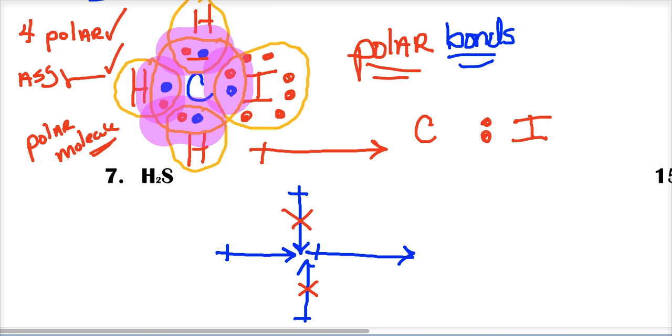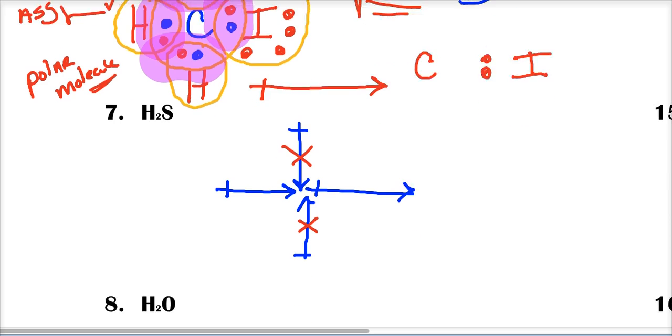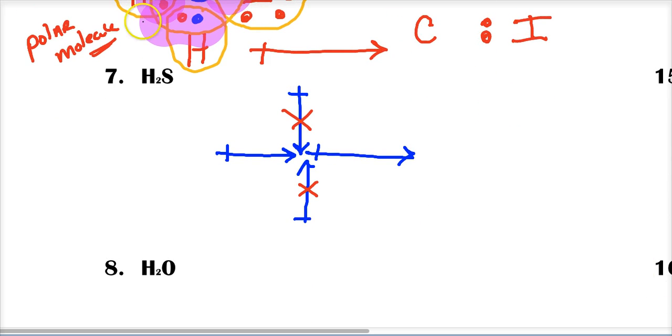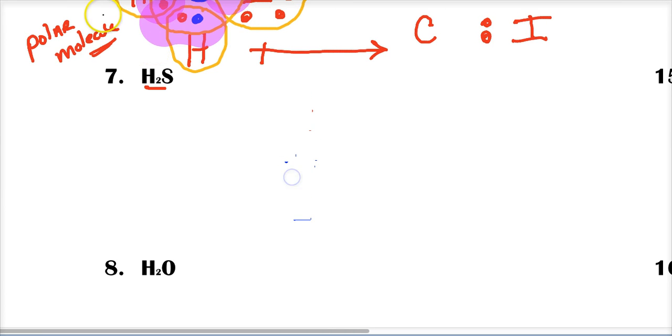Okay, let's try one more together, and I want you to look at these, and I want you to evaluate the molecule after you do your Lewis dot diagrams. So H2S, let's do it. S goes in the middle. It has more valence electrons. So 1, 2, 3, 4, 5, 6.